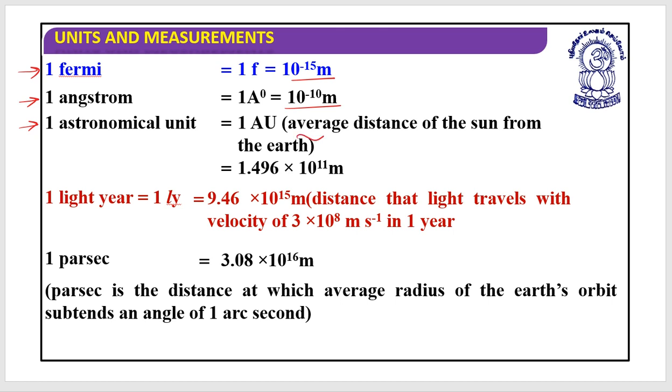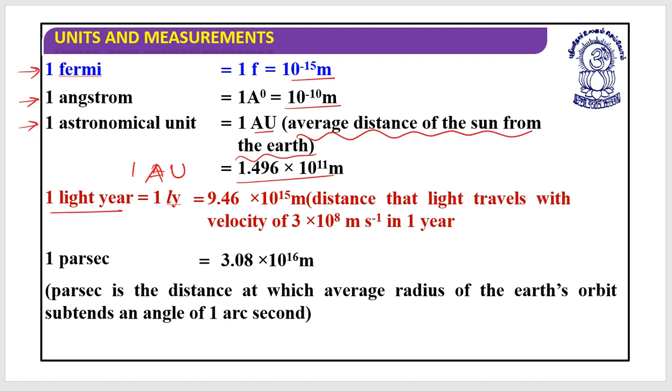It is the average distance of the sun from the earth. This is the astronomical unit, represented as AU. 1 AU is equal to 1.496 into 10 to the power 11 meter. Please do remember this.